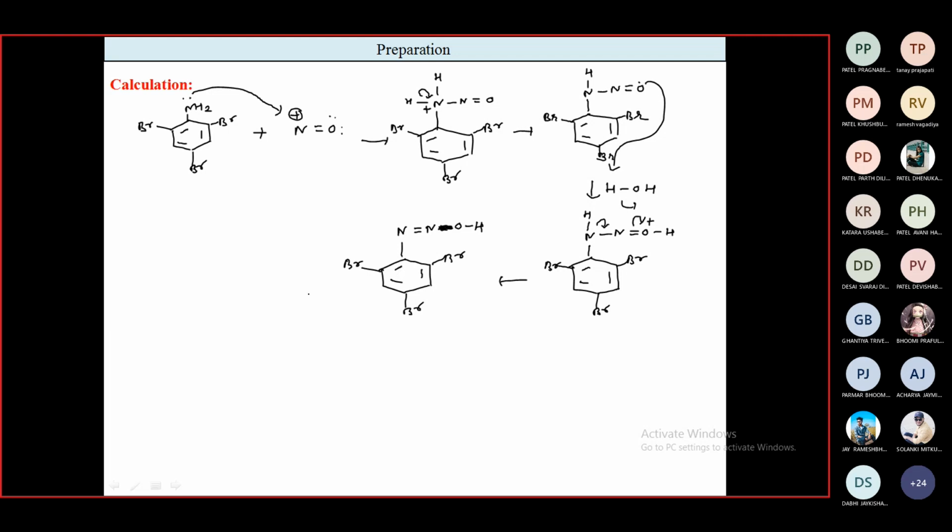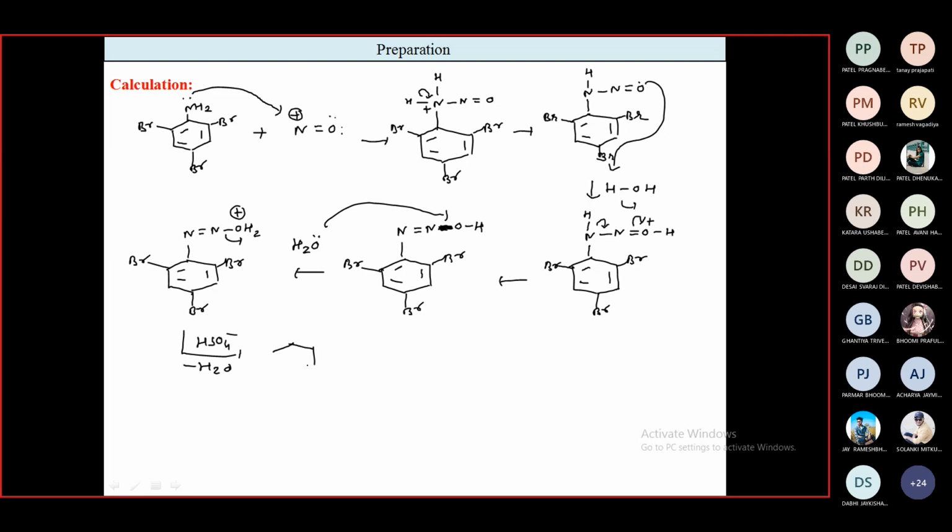And this will again undergo reaction with water molecule to give protonation, and OH is converted to OH2 plus. Now this H2O is removed, so you are getting diazonium salt.